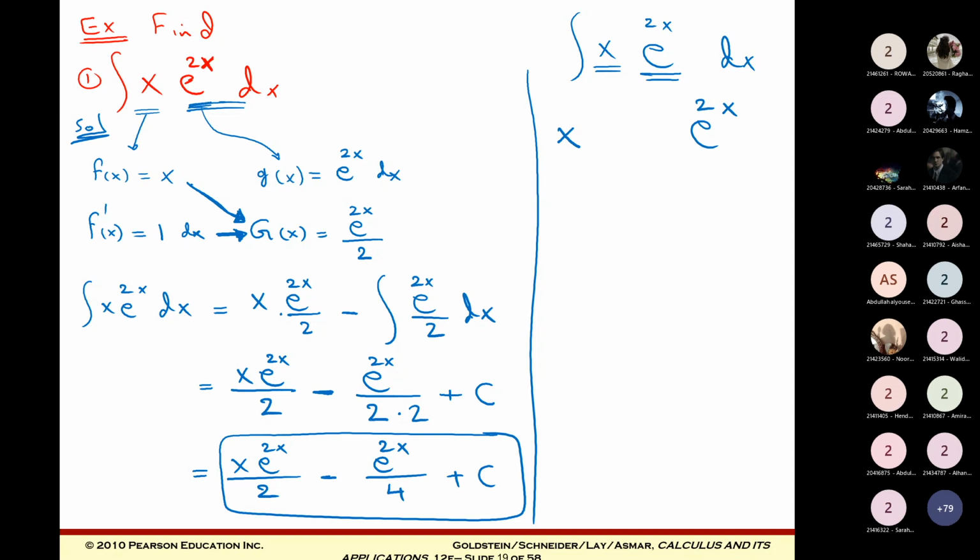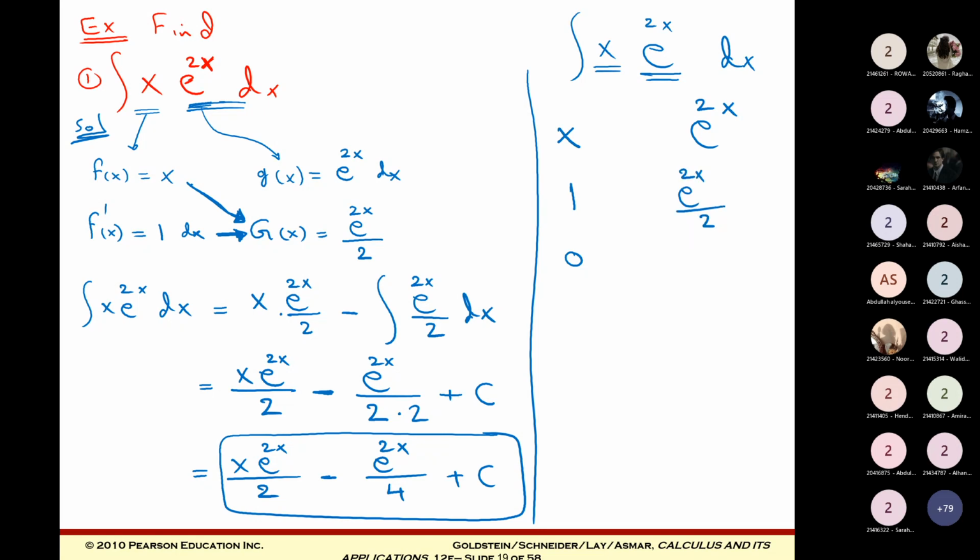This is the first, x. So we find the derivative of the first function. The derivative of x equals 1, the derivative of 1 equals 0, and we stop. For the other function, e to the power 2x, we need to find the integral. The integral of e to the power 2x equals e to the power 2x over 2.